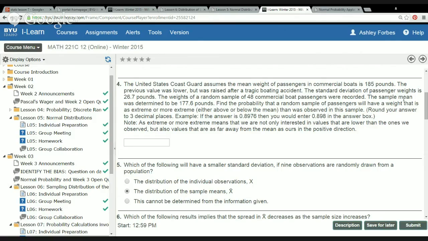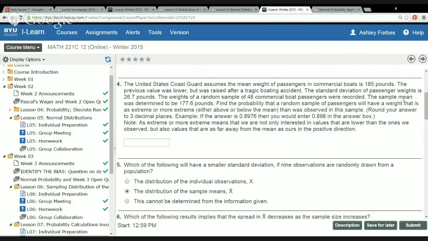Okay. The weights of a random sample of 48 commercial boat passengers were recorded. So is that an n, because that's saying how many people, right? The weights of 48 people are recorded. That's going to be our n, right?